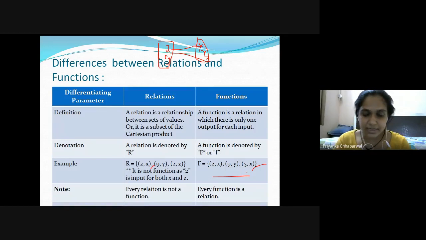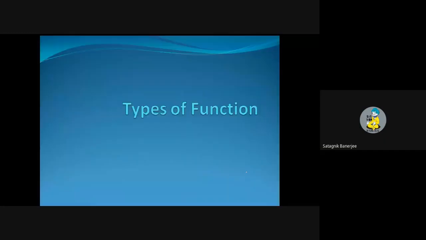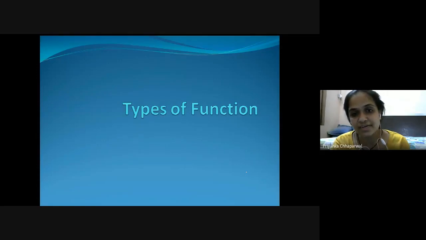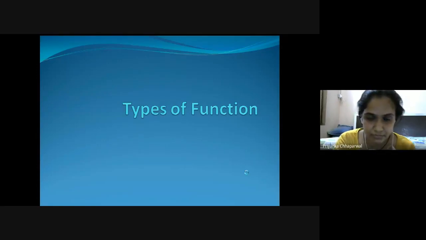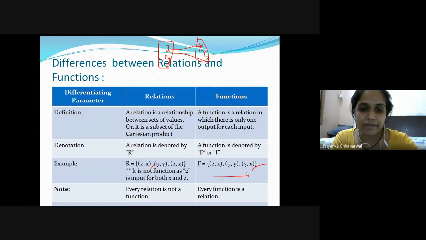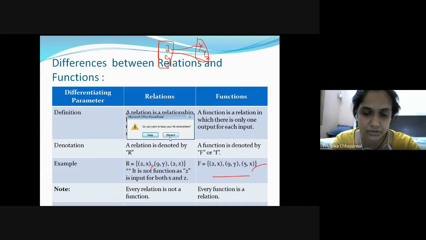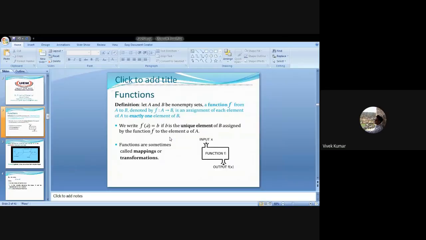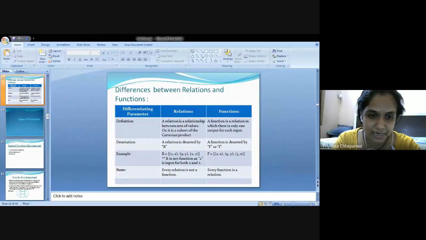Yes sister, it is clear what is the difference between the relation and function. Yes, ma'am. In next class we will understand types of functions. If you have any doubt related to functions, yes sister, do you have any doubt? No doubt, ma'am. I understood what is the function.